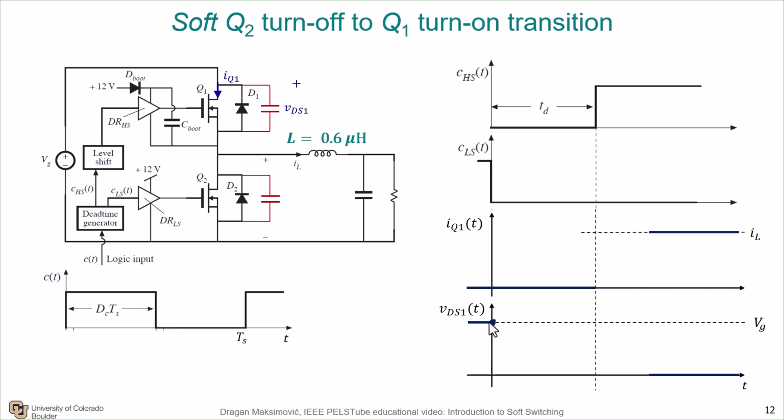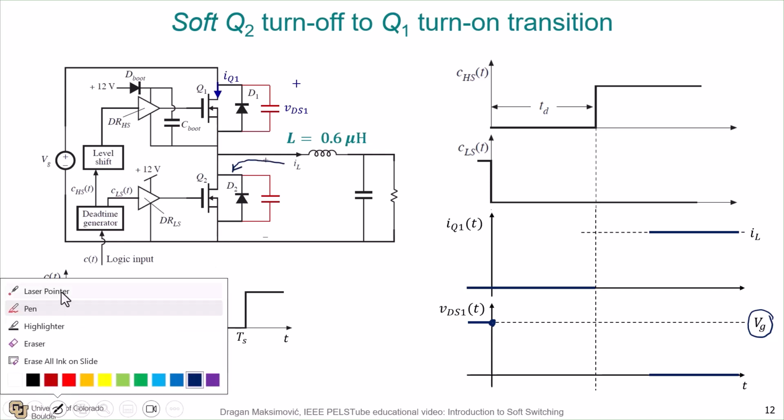Now we are going to have the voltage across the FET Q1 start from the voltage that's equal to the DC voltage here, but it can transition immediately because the current is now flowing in the opposite direction.